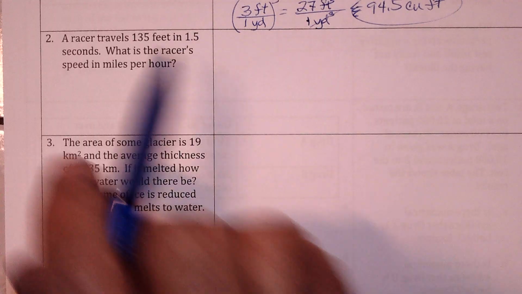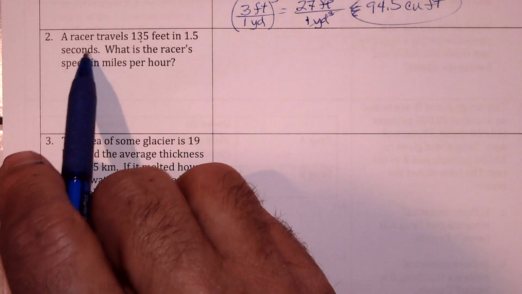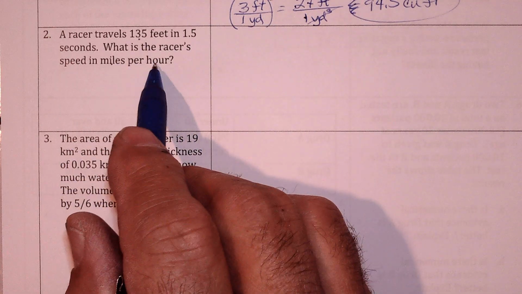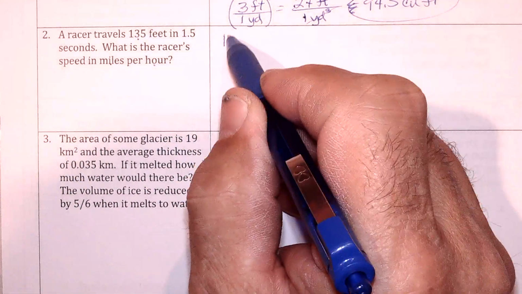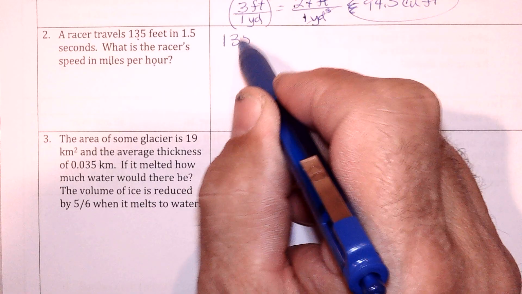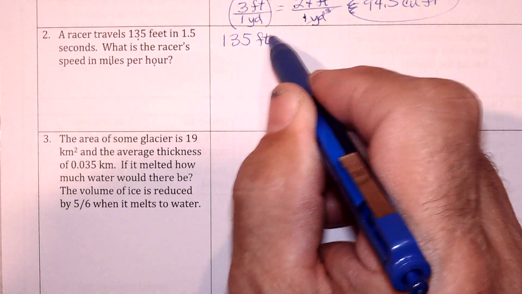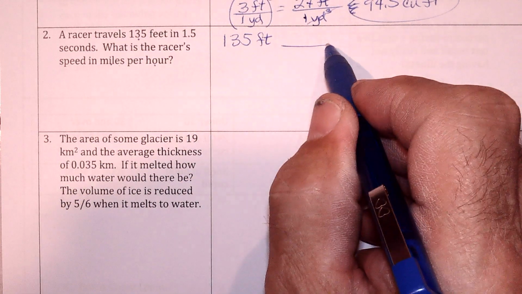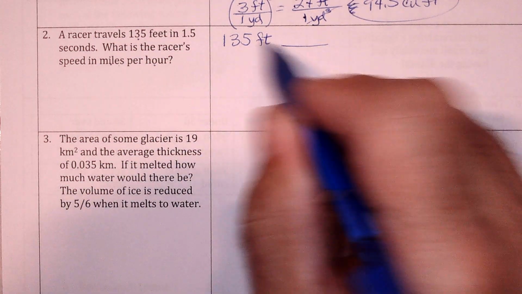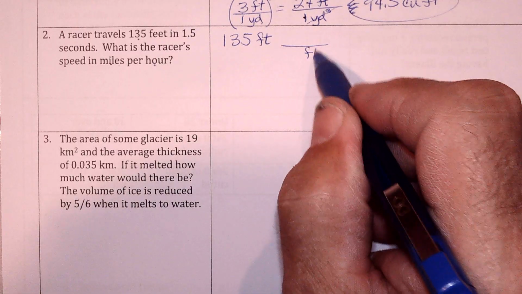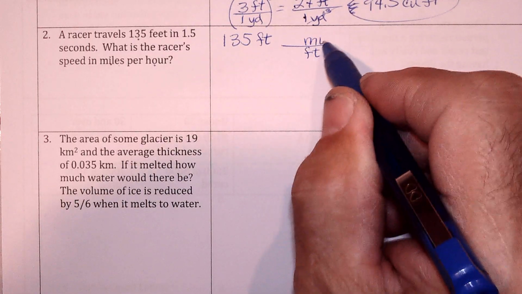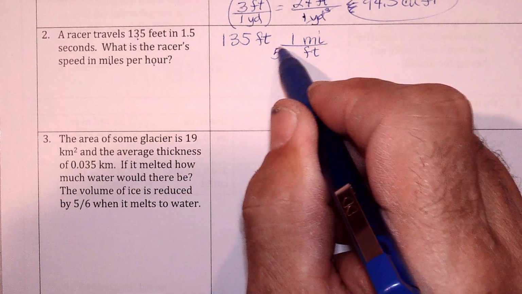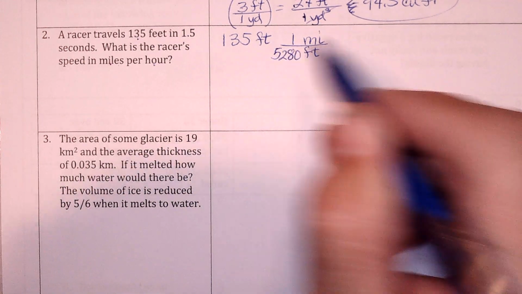A racer travels 130 feet in 1.5 seconds, and the speed's in miles per hour. So I need to turn the 135 feet into miles. So on your formula page, we need the feet to cancel, and we need miles. And 1 mile is 5,280 feet.